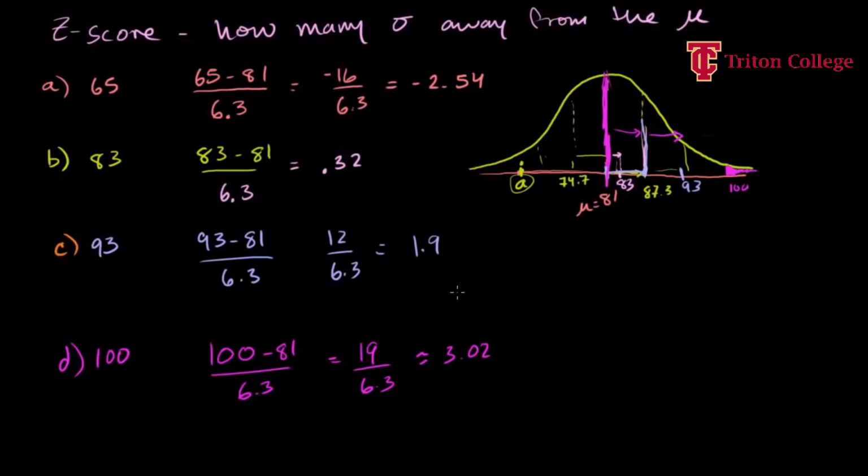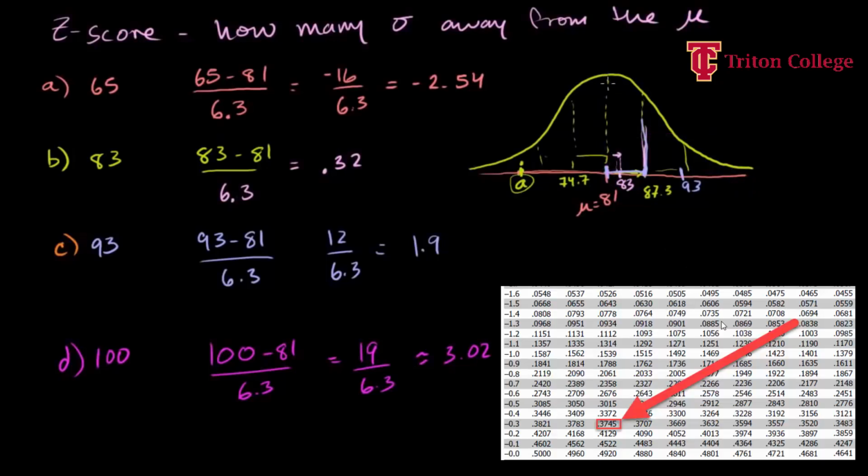So if we look up the z-score chart, we could look up the percentage of values that would fall above 83 and the number that would fall below. I've got my z-score chart out, and we get 0.3754. So that is basically saying that 37.45% of values will be above 83, and then subtract that would be below.